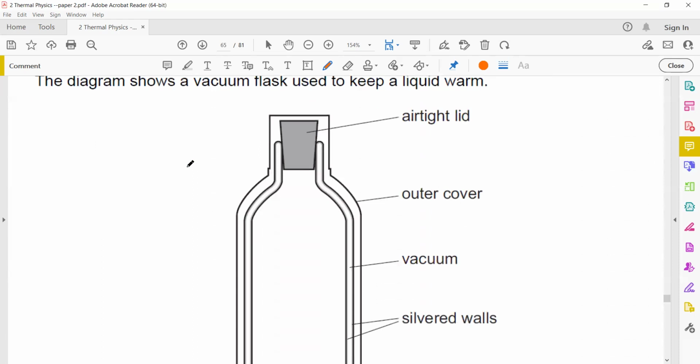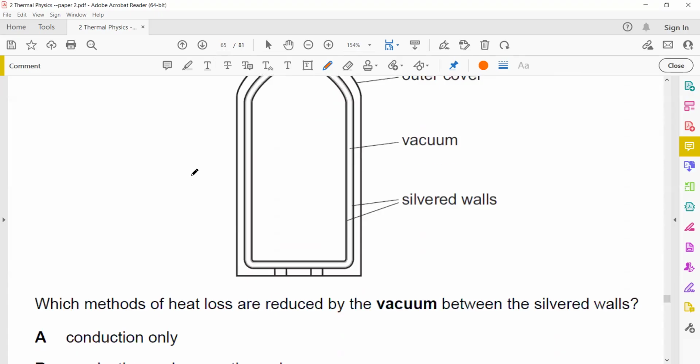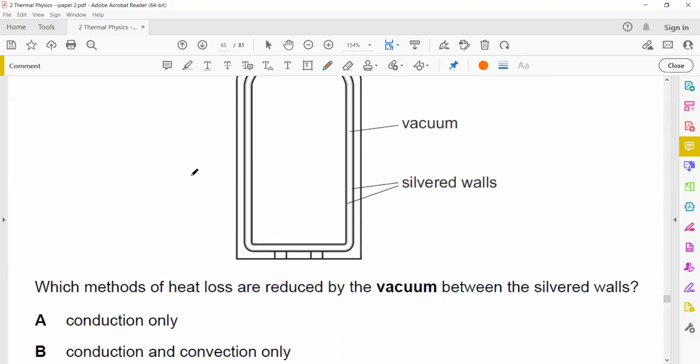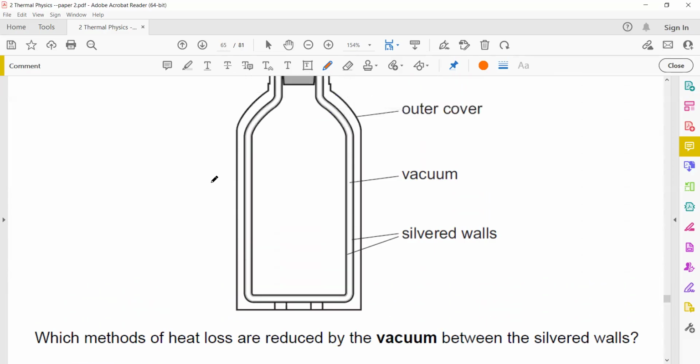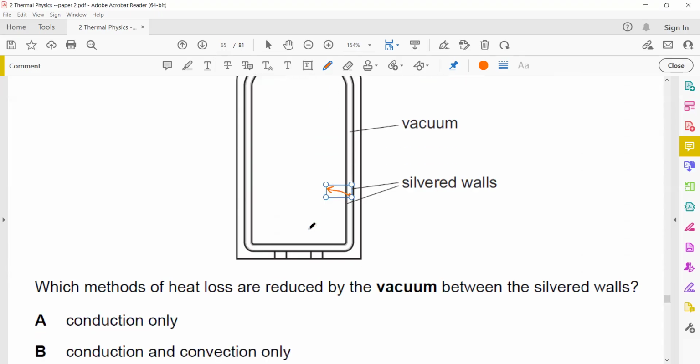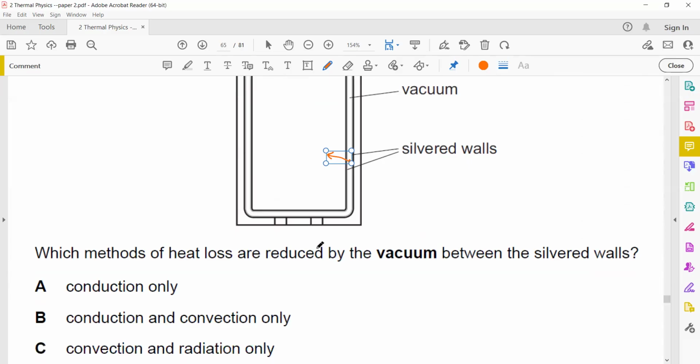The diagram shows a vacuum flask used to keep liquid warm. Which methods of heat loss are reduced by the vacuum between the silvered walls? Here we have a vacuum, and the only process of heat transfer that occurs in a vacuum is radiation.